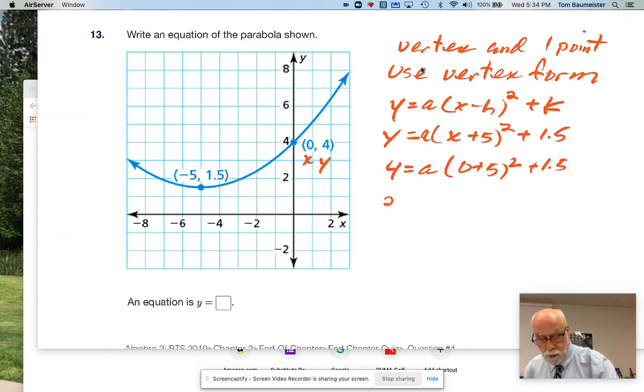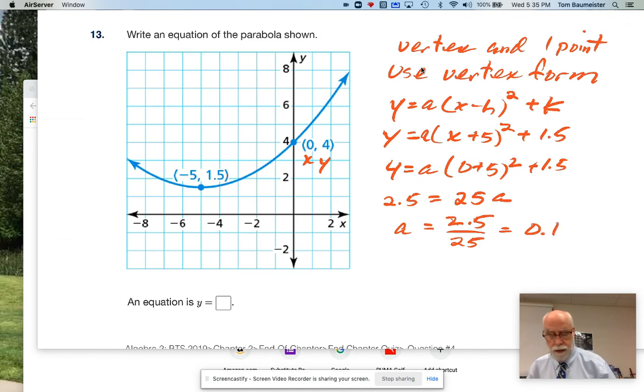That will give me 2.5 is equal to 0 plus 5 is 5. 5 squared is 25. So on this side, I'll have 25 times a. Now to get a by itself, I'm going to take 2.5 and divide it by 25. And that will give me 0.1 or 1/10.